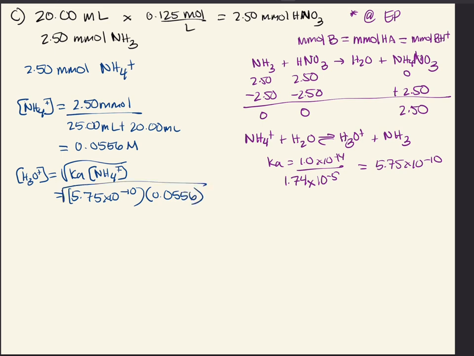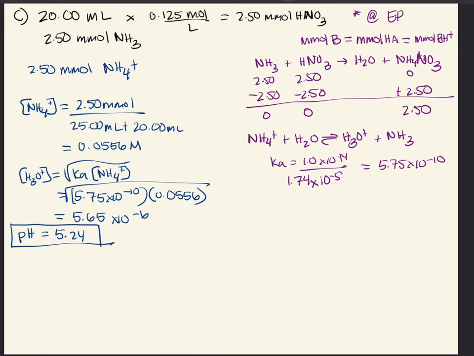We take the square root of that, and we get 5.65 times 10 to the negative 6. And when I negative log that, I get a pH of 5.24. Now, this is at the equivalence point with a weak base strong acid, so keep in mind the pH should be acidic. So this pH does make sense.